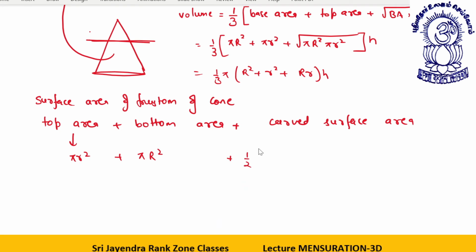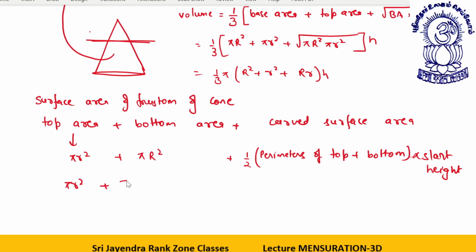half into perimeters of top plus bottom into slant height. So this becomes pi r square plus half in the bracket 2 pi r plus 2 pi R into L. So what do you get?